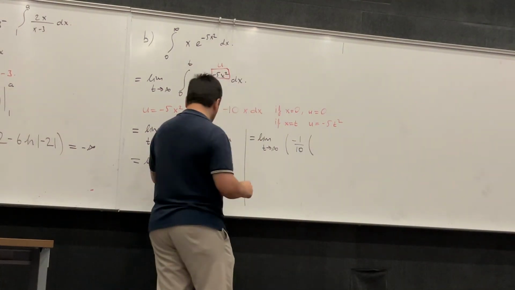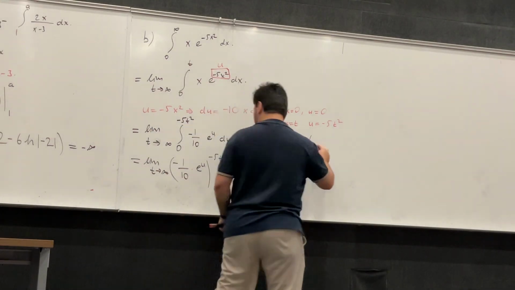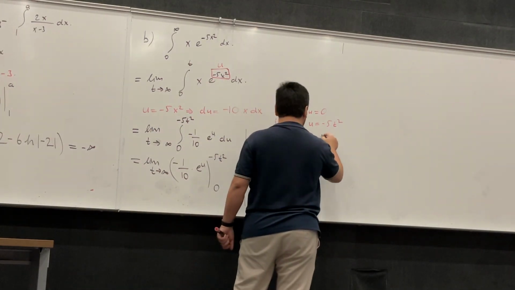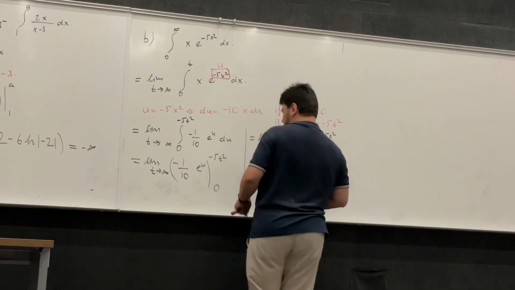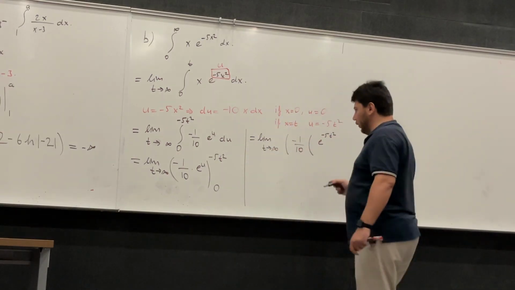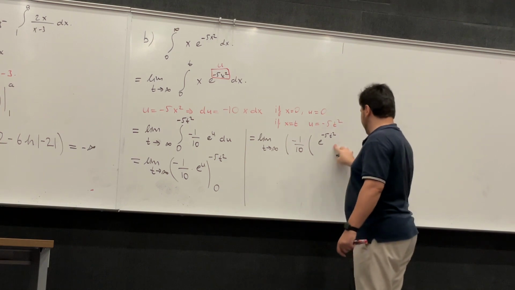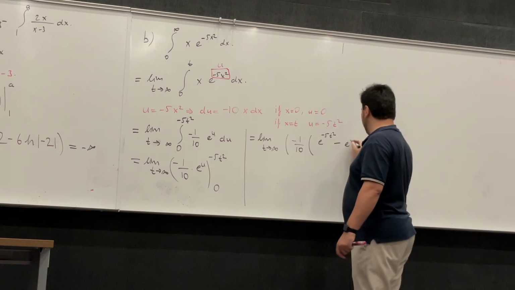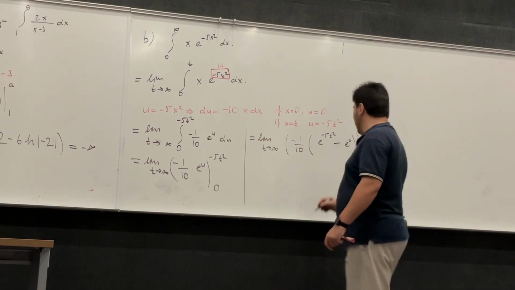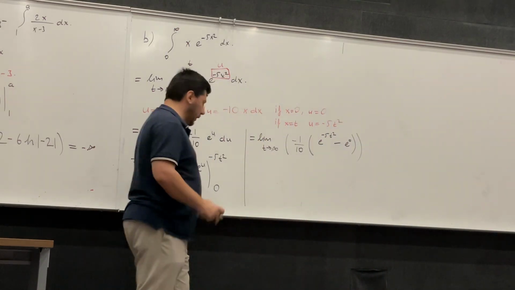If you put u equal to minus 5t squared, this is going to be e to the power minus 5t squared. And if you put u equal to 0, this is going to be e to the power 0. Am I right? Yes. Very good.